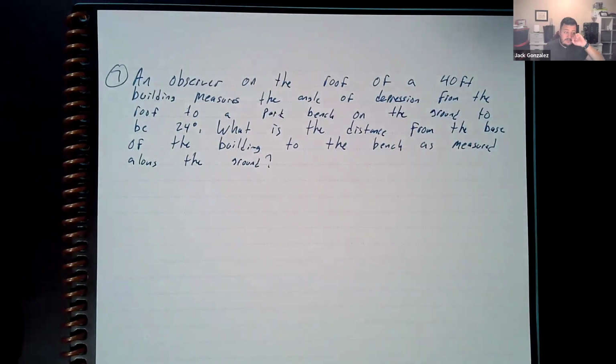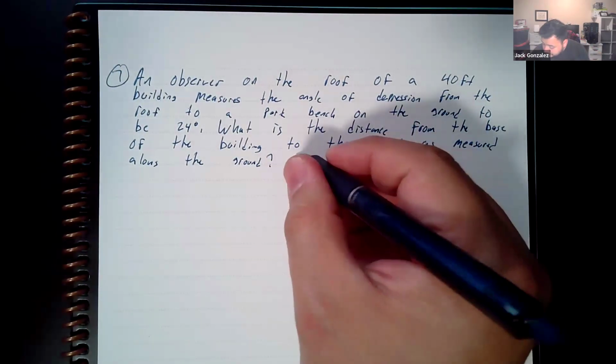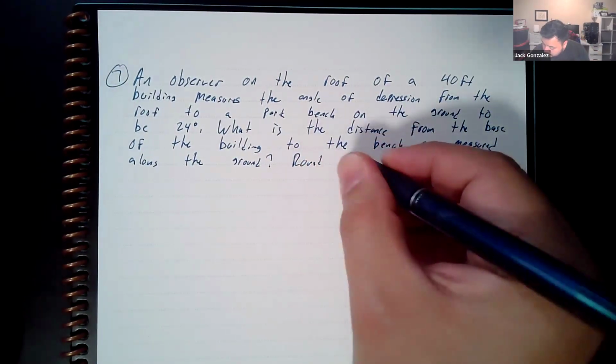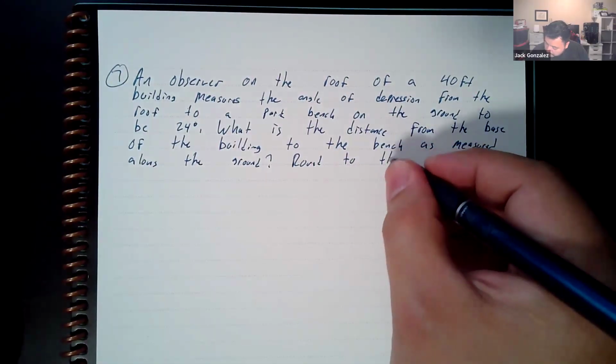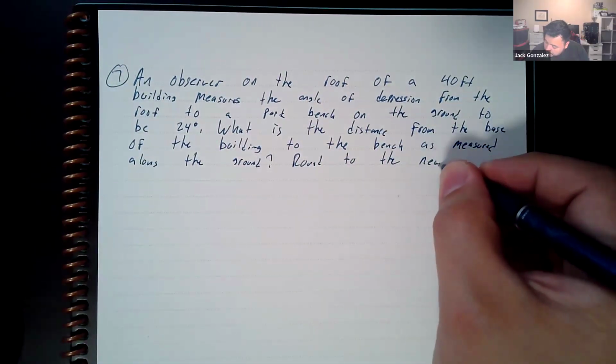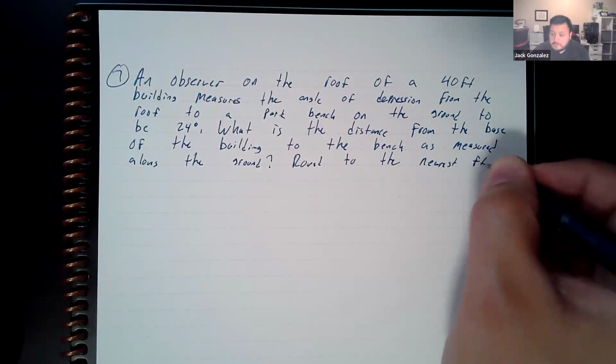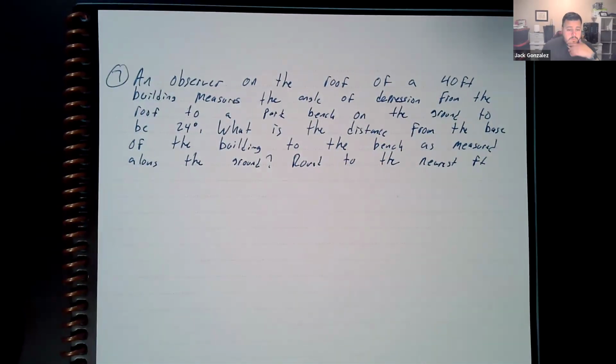This one does say round to the nearest foot. Okay, so, 40-foot building.